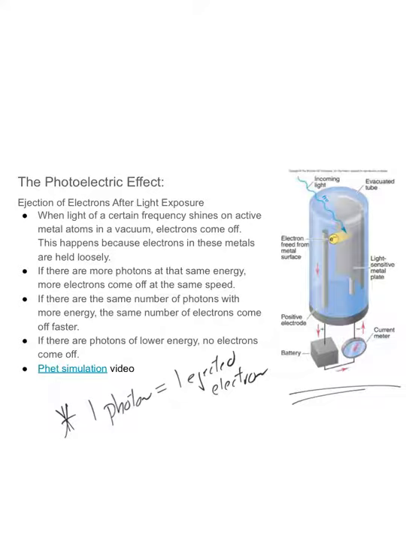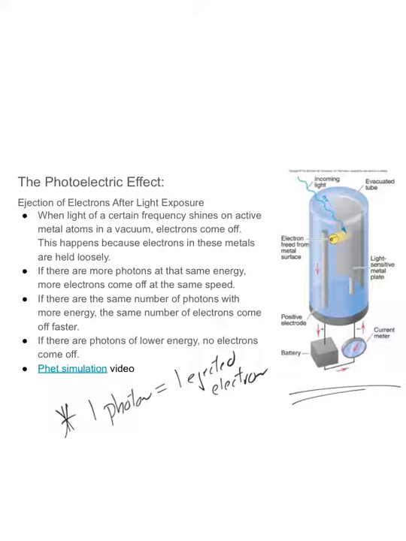The other thing that we have to remember is that all metals have a very, very specific amount of energy that is required for an electron to be emitted. So say, I don't know, something like 75 joules of energy was required to emit an electron. If we applied 50 joules of energy, no electrons would be emitted.